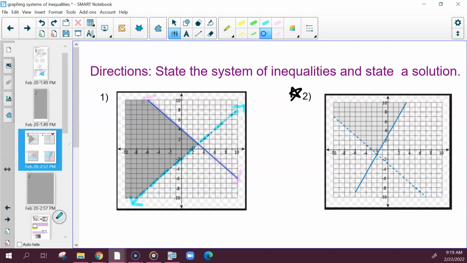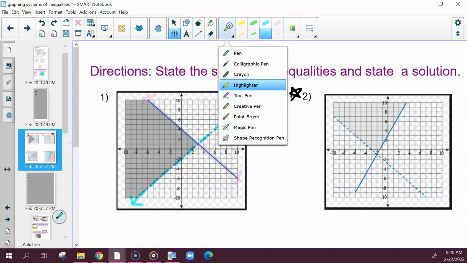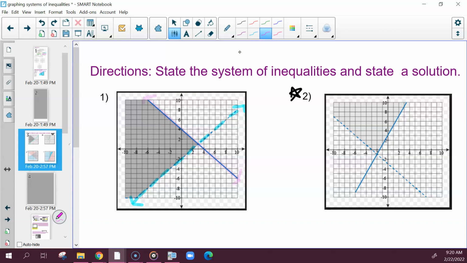So I'm going to refer to these as the blue and the purple lines. For the blue line, you can see it's dashed, so it has to be less than or less than or equal to.